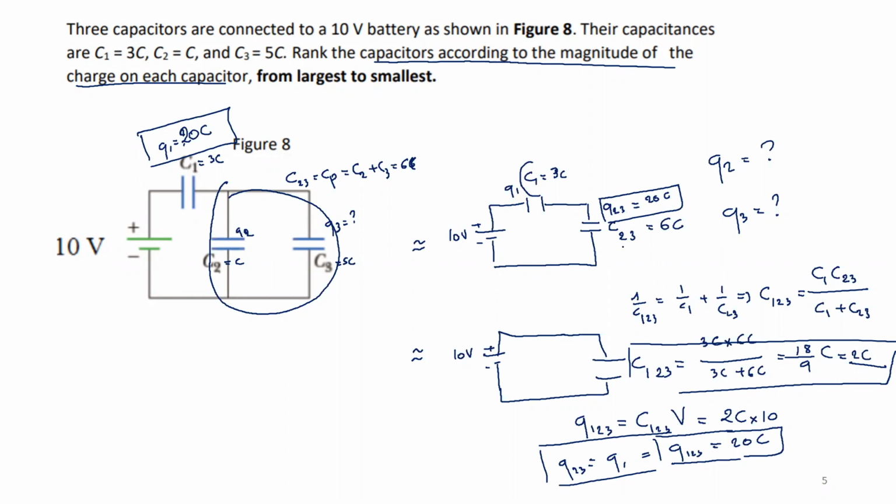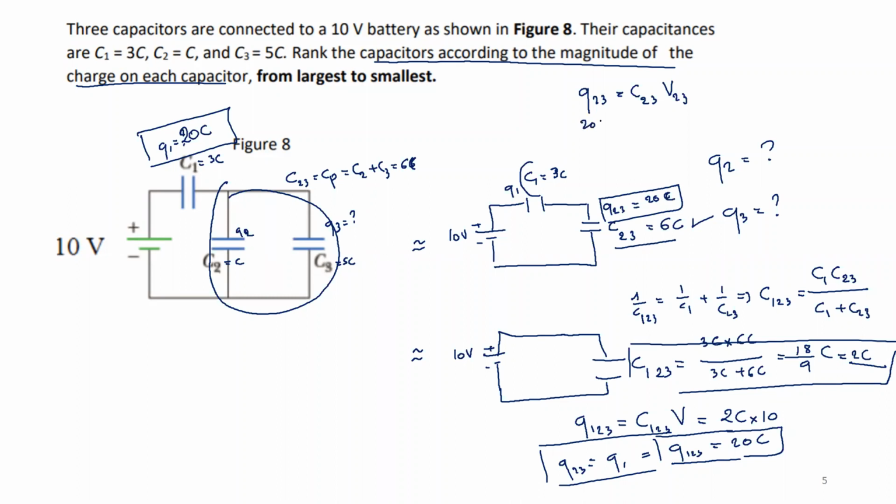So look here, I know C2 free and I know Q2 free. As I said, C2 free is equal to 6C and Q2 free is equal to 20C. Well, you know that Q2 free is just C2 free multiplied by V2 free.